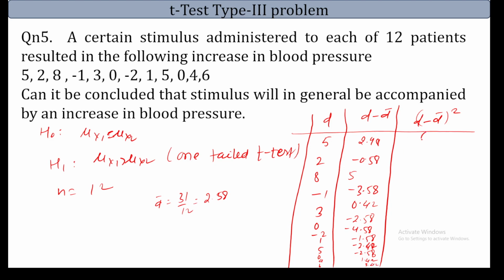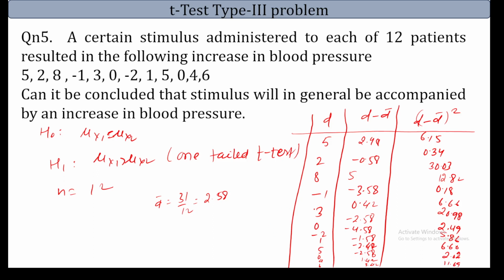Now we take the squared values: 6.15, 0.34, 30.03, 12.82, 0.18, 6.66, 20.98, 2.49, 6.86, 6.60, 2.02, 11.69.